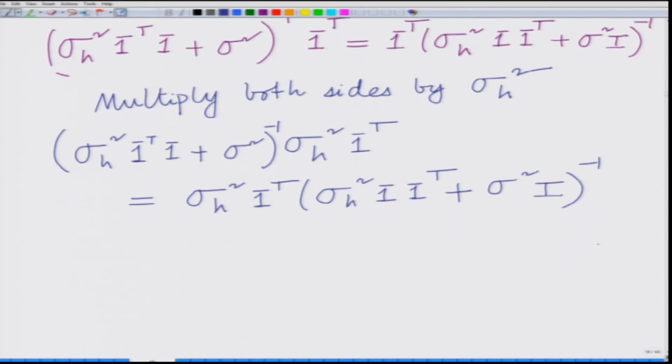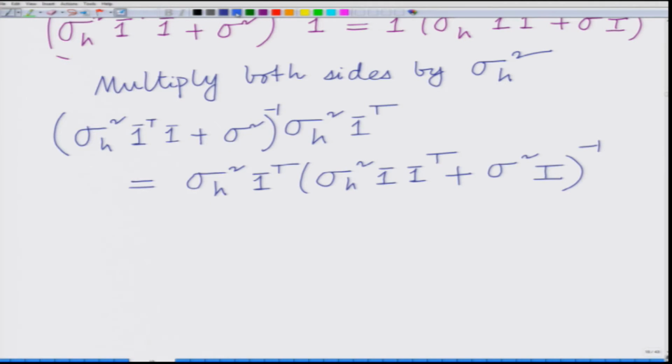Okay. Now, observe this quantity 1 bar transpose 1 bar.